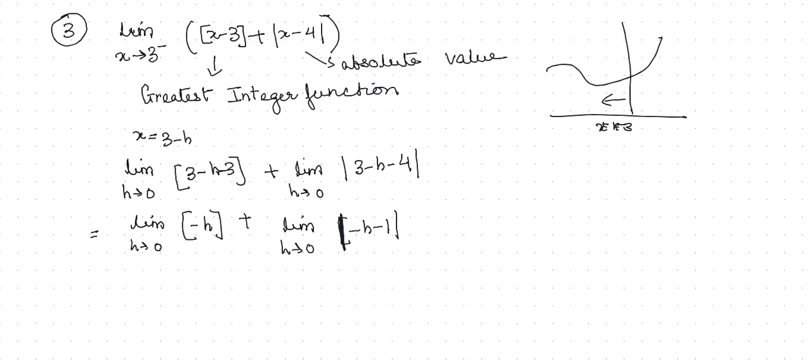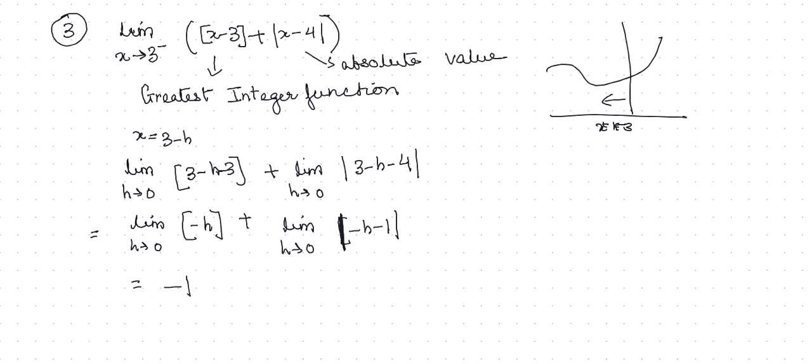This is negative h, so negative side of 0, so it would be negative 1 because greatest integer function rounds to the greatest integer that is less than or equal to that number. So this is less than it, so it is negative 1, and the absolute value here would be 1 plus h.